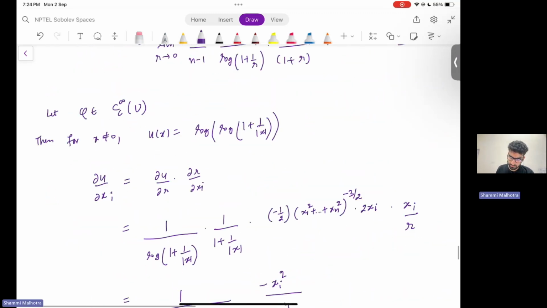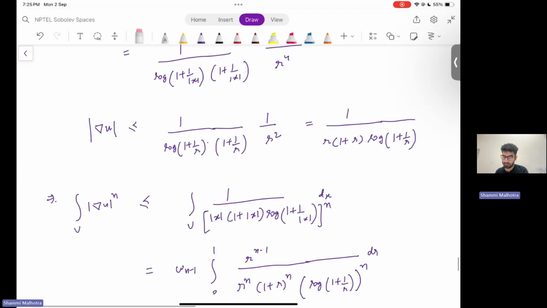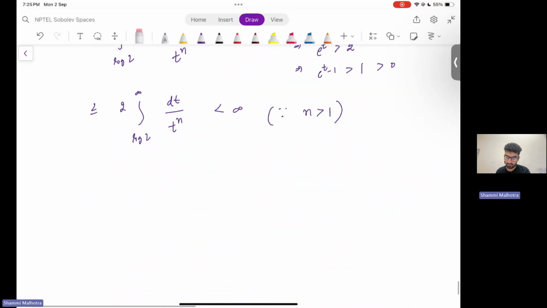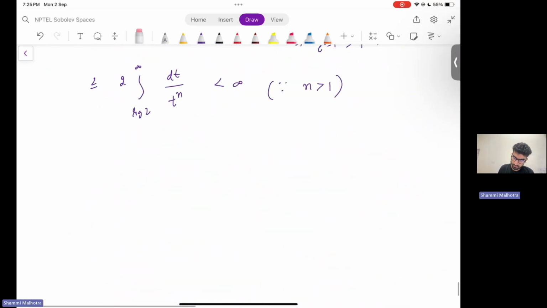we have this derivative to also be in the Ln space, and when that is the case, this implies thus we have this u to be in W1 comma n.